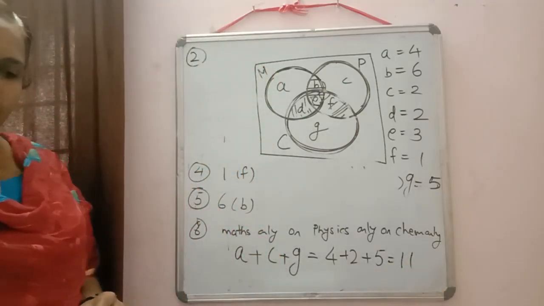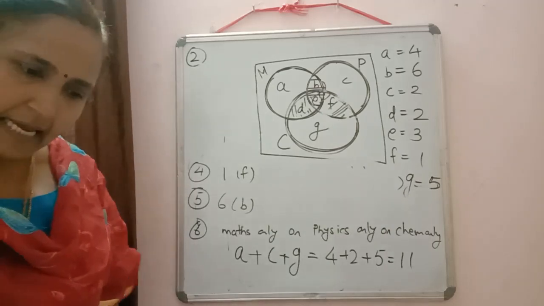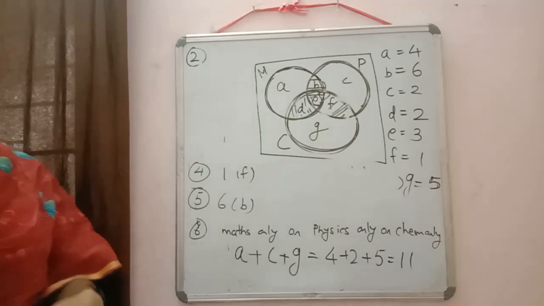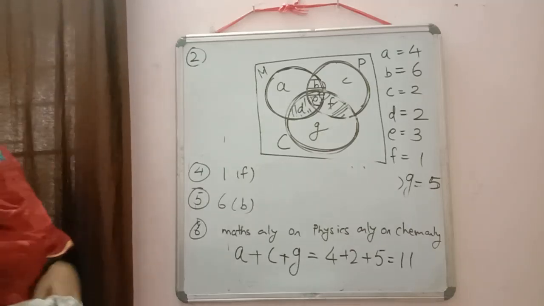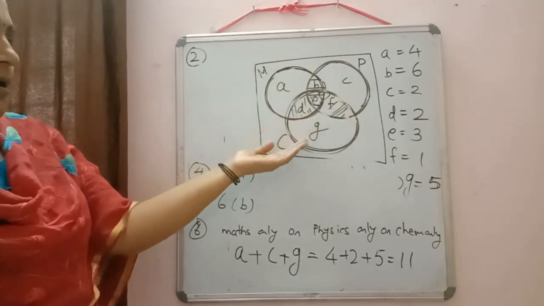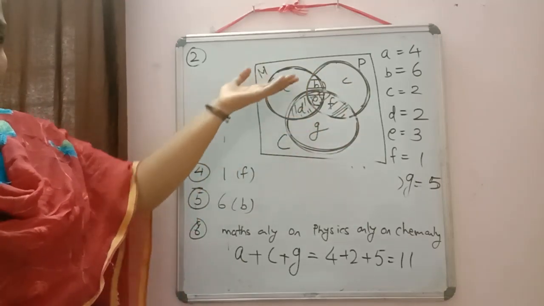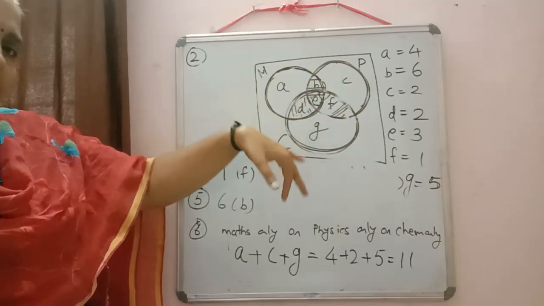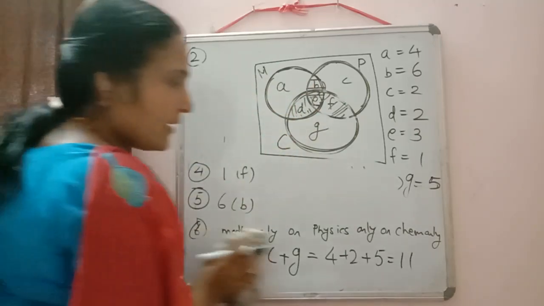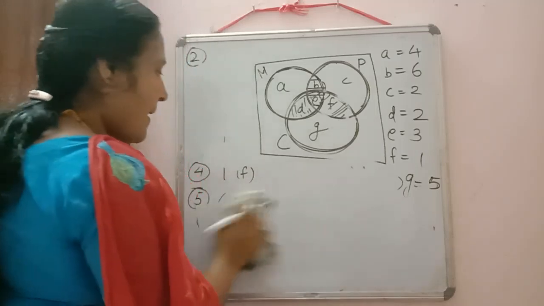Clear? Okay. Next one is at least one of the 3 subjects. At least one of the 3 subjects means either they can take maths, or they can take physics, or they can take chemistry, or they can take any one of the subjects, either 2 subjects or 3 subjects, because at least meaning minimum.